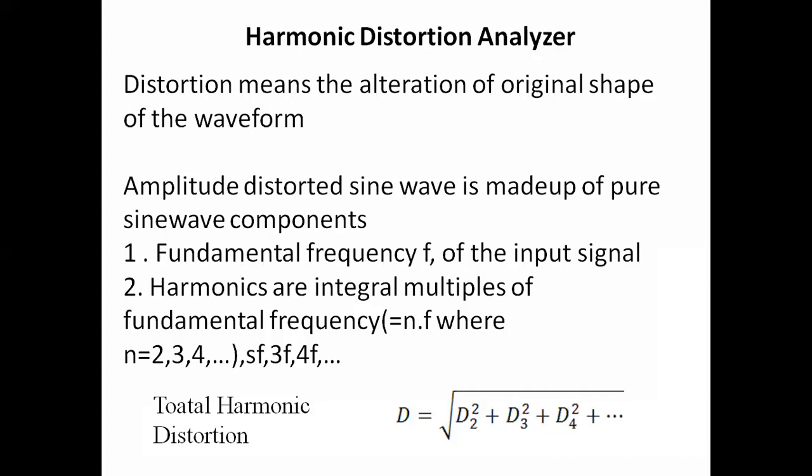Due to some non-linear elements present in the circuits, the output is not the same replica of the input. The output does not produce the same shape as the input. There is some variation from the input, and that variation can be considered as distortion.